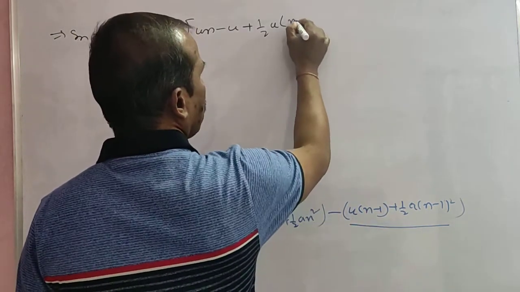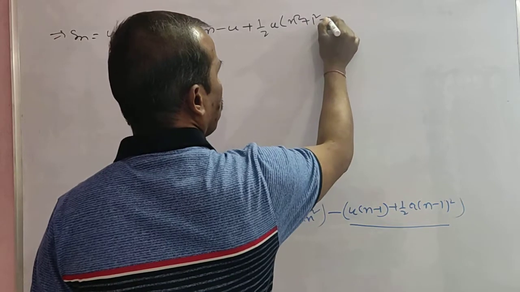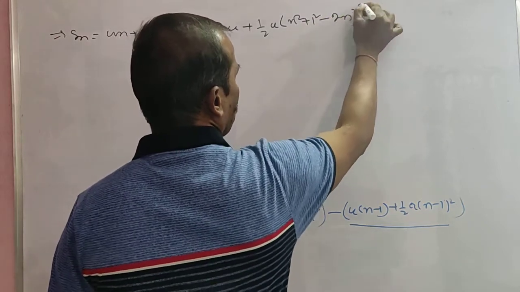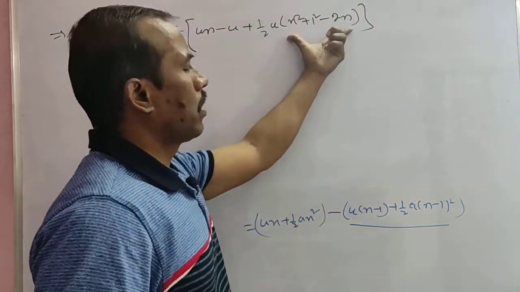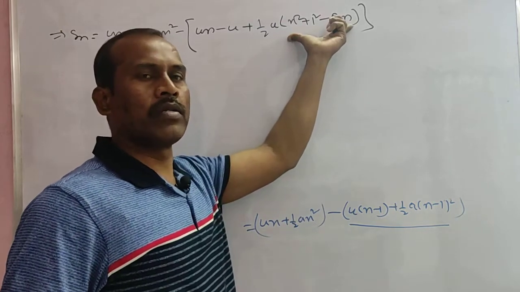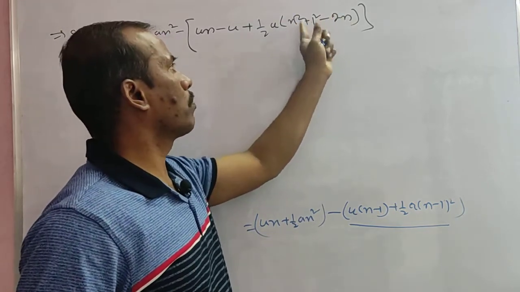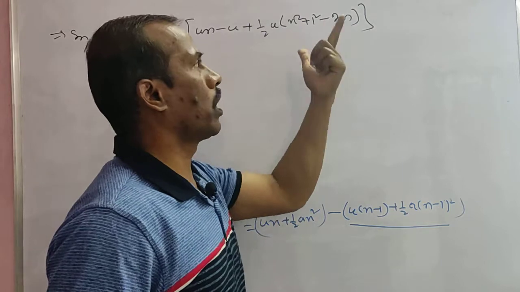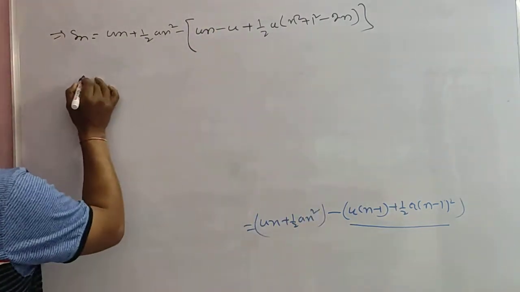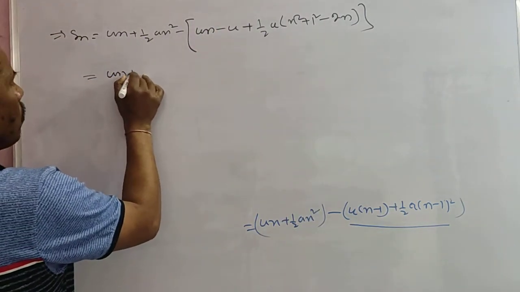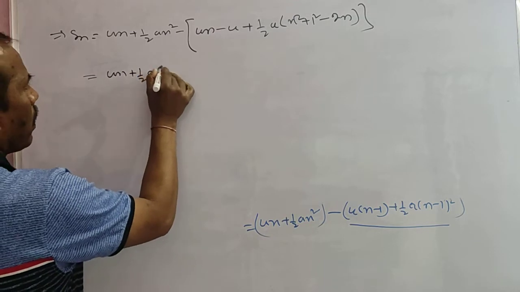Here a square means n square plus 1 square minus 2n. This is the n minus 1 whole square formula. So simplifying, n square plus 1 square minus 2n. Now it simplifies: un plus 1 by 2 a n square.